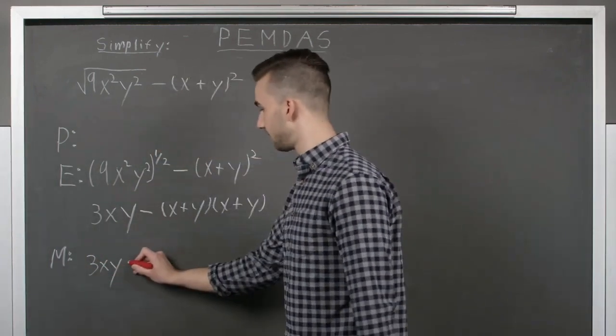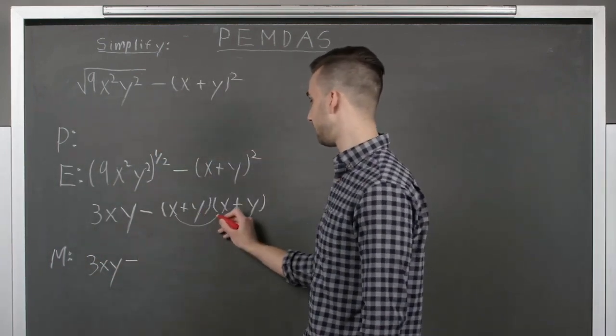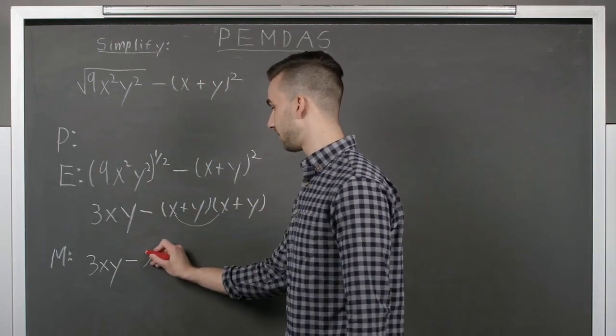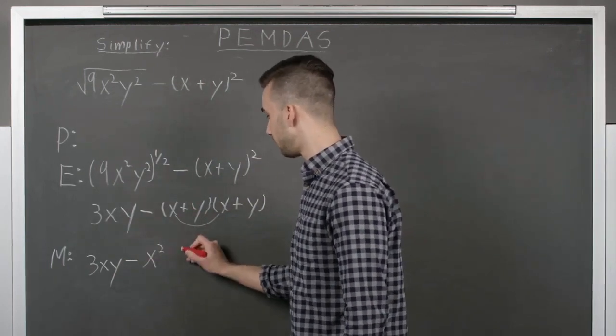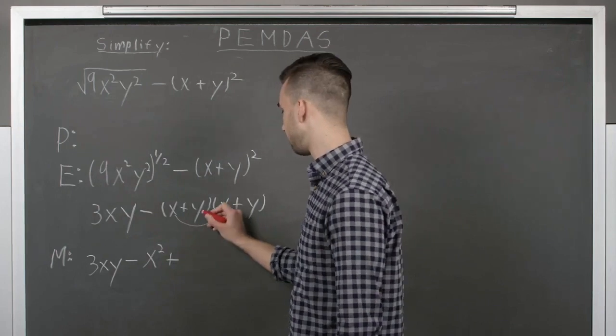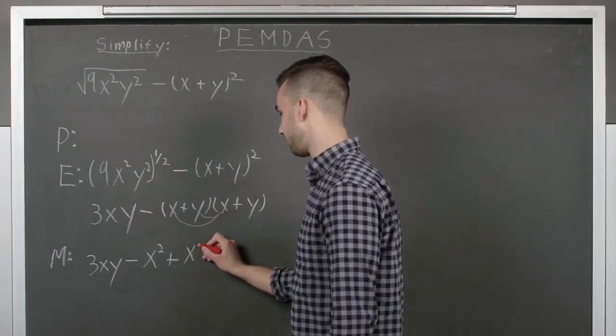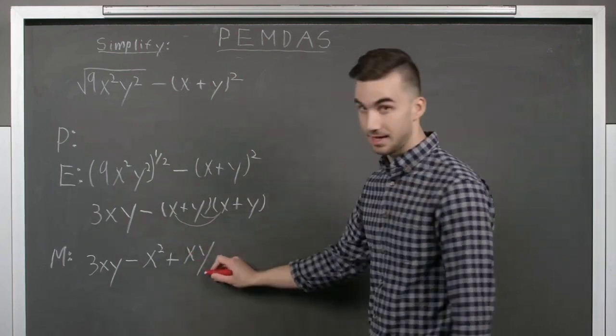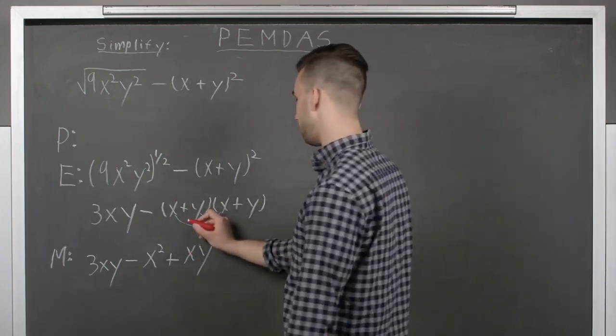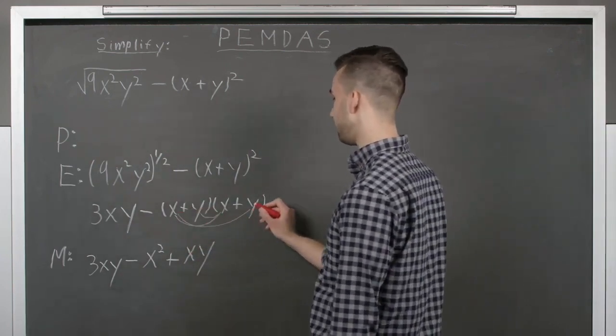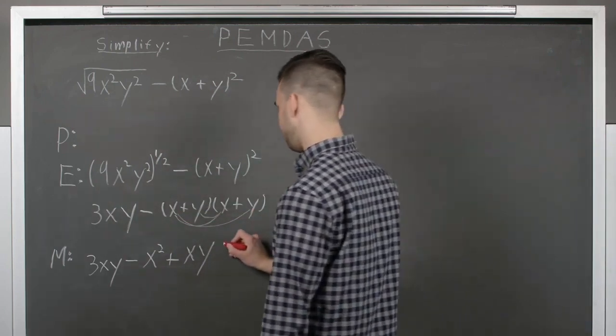3xy minus x times x is x squared plus our y times x, we will write that as xy, just to stay in alphabetical order. Then we have over here x times y.